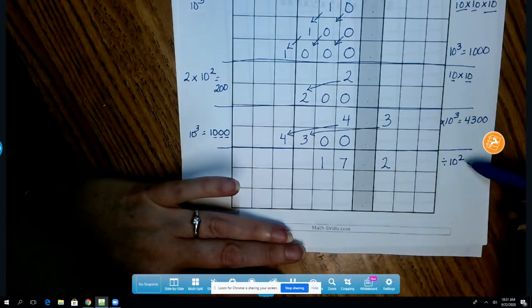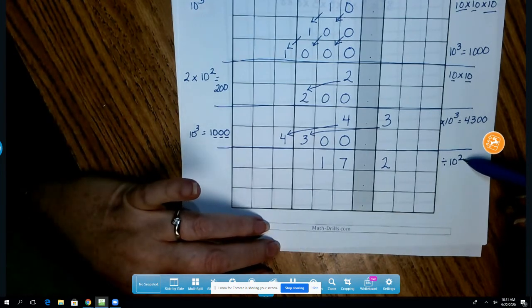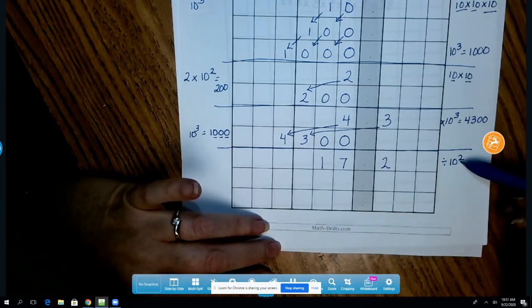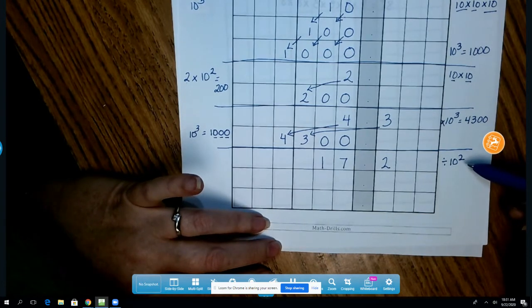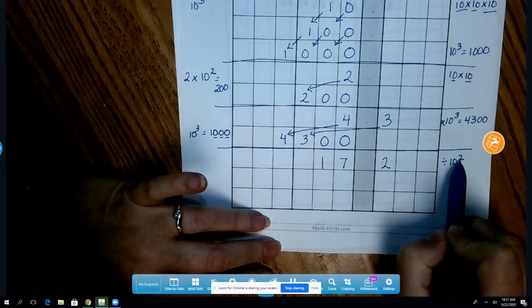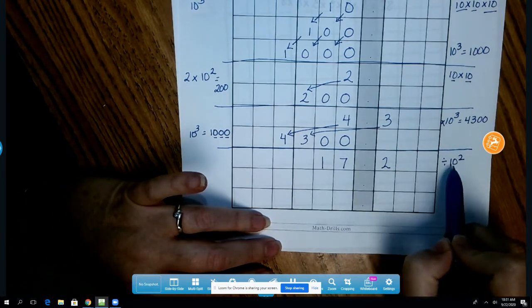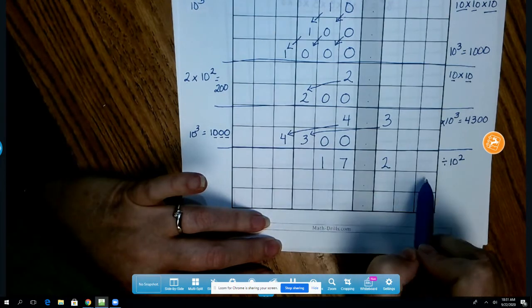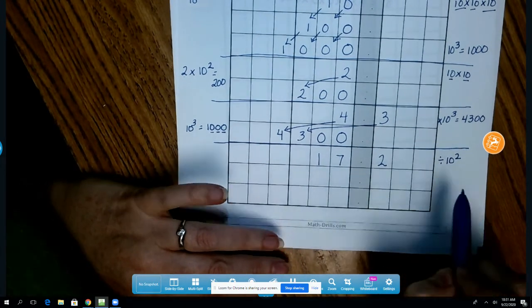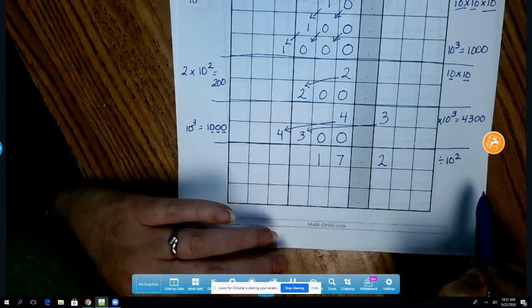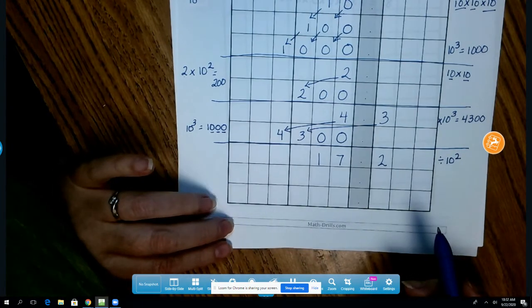Okay, again, we know that this means that 10 times 10 has 2 zeros in it, which would be 100, right? So it would move 2 spaces. If I know this exponent of 10, that tells me how many spaces I'm moving it. Since it's division, it's getting smaller, so I am moving it to the left.